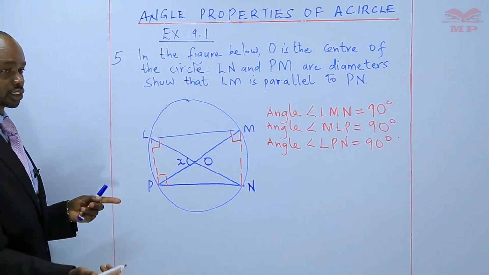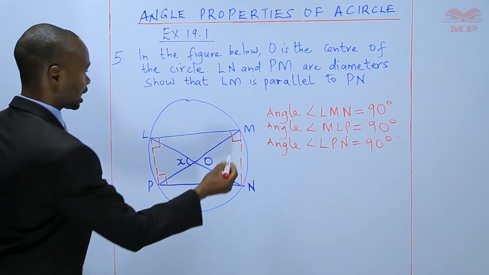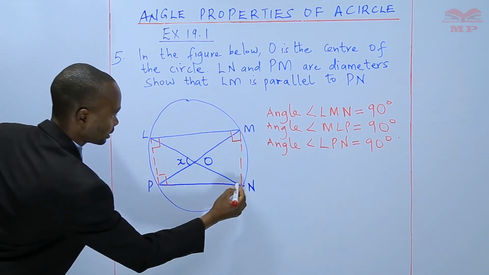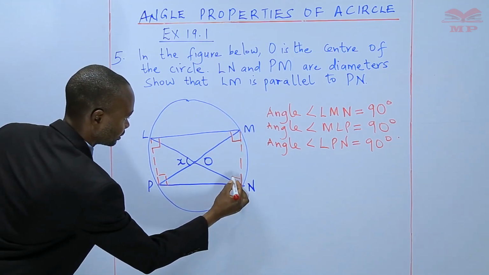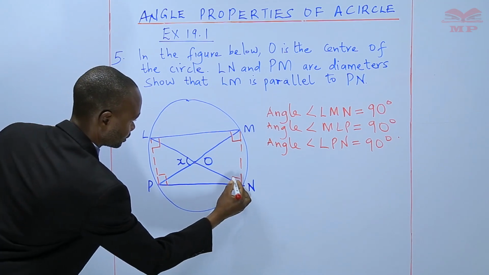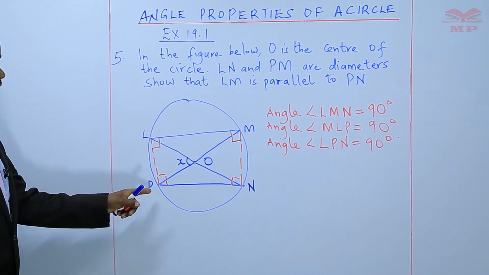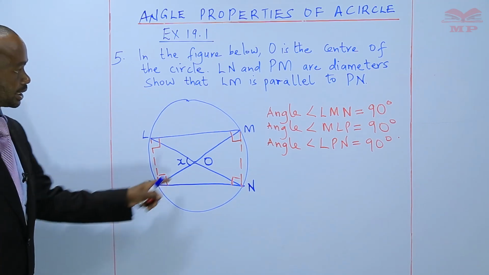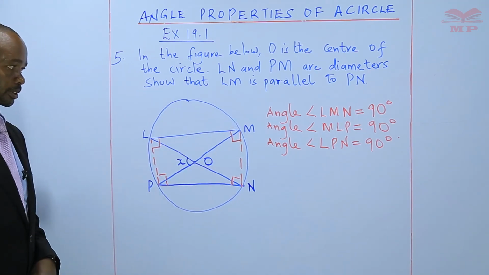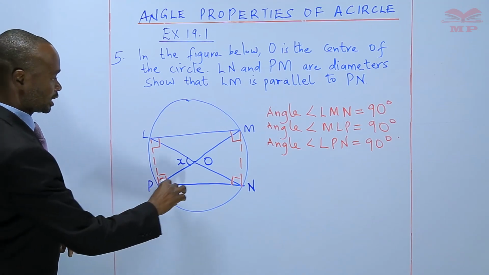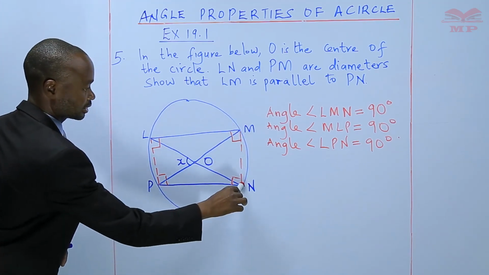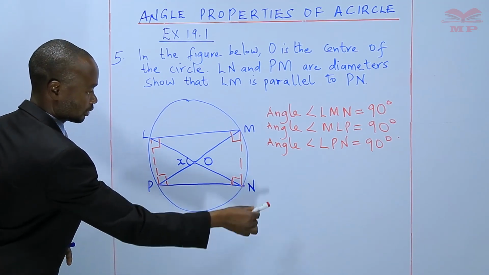We go to the last, 4th angle, which is angle MNP. Angle MNP is subtended by diameter PM. You can easily see this is the diameter. It is subtending this angle in that segment.